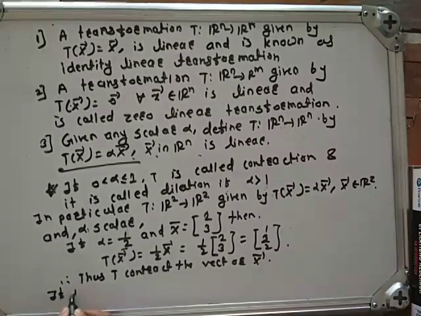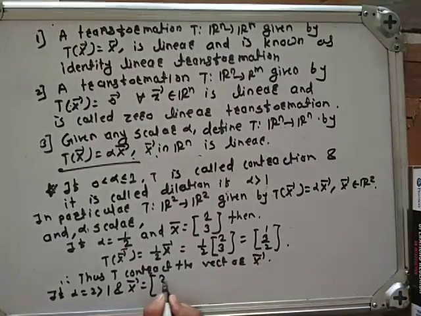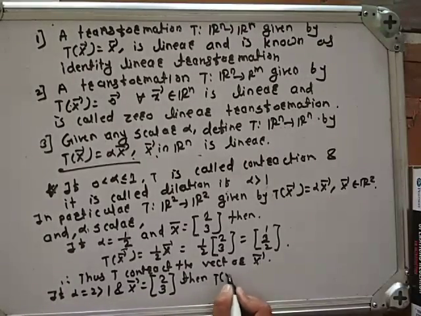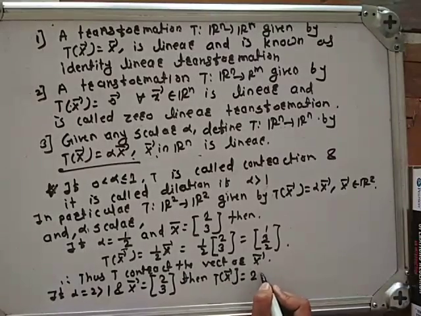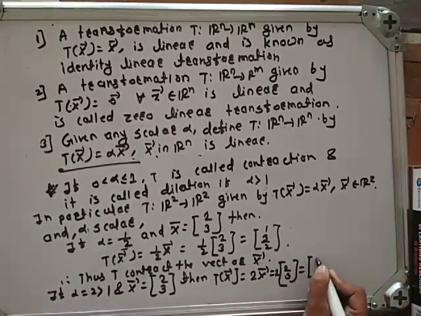If alpha is equal to 2, which is greater than 1, and again x bar is the same 2, 3, then T of x bar is equal to 2 into x bar, which is equal to 2 into 2, 3, which is nothing but 4, 6.